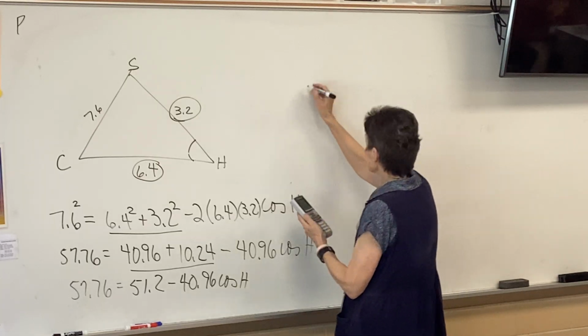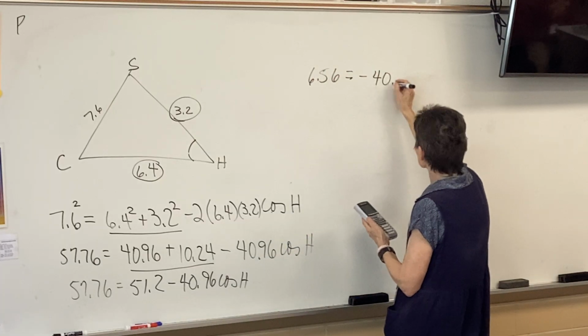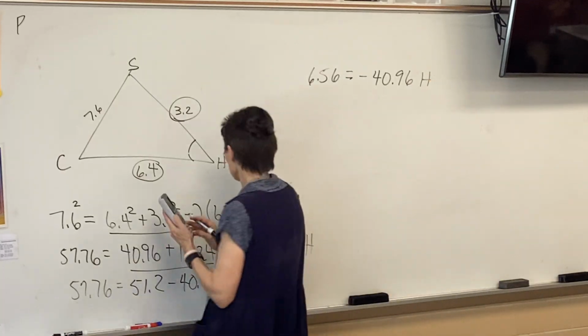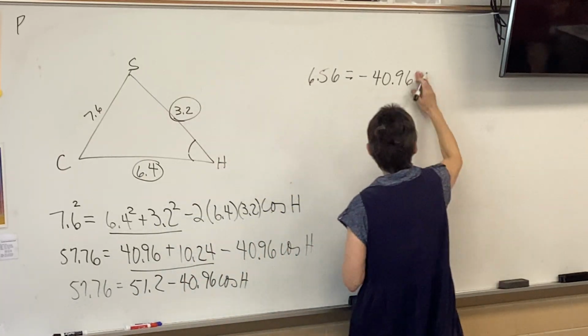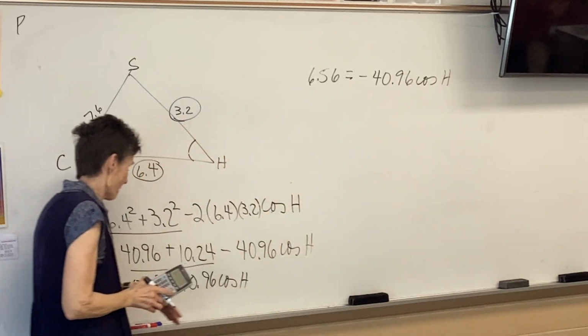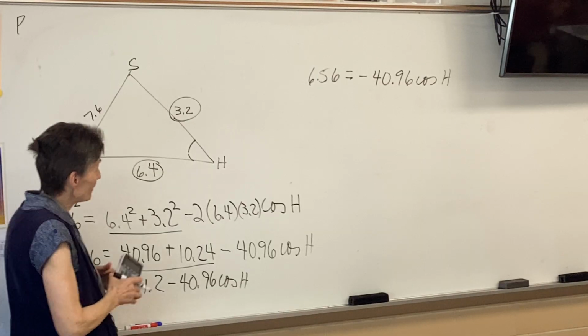So I've got 6.56 equal to negative 40.96 cosine H. So I subtracted this over here. And then I'll divide.